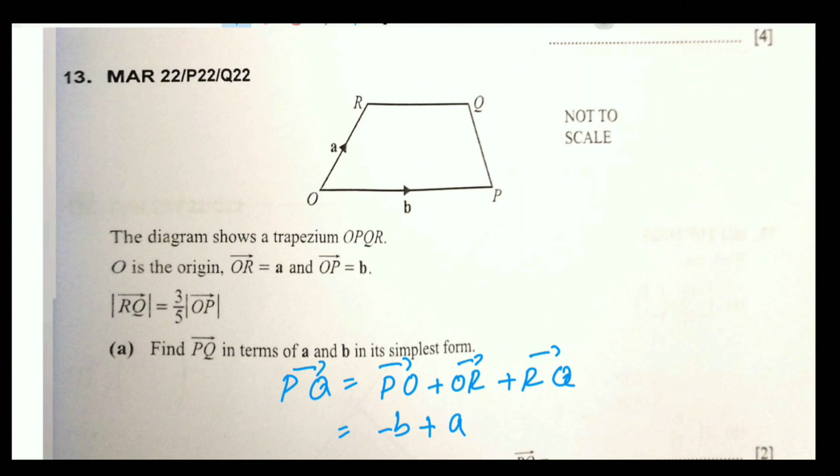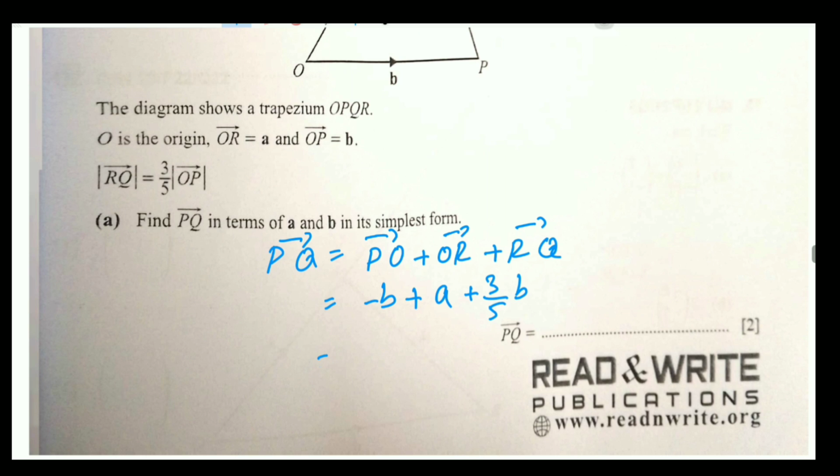And what is RQ? RQ is 3 by 5 of OP. So it will be 3 by 5 of OP, which means 3 by 5 of B. RQ is in the direction of B, so it will be positive 3 by 5 of B. So B and B will be solved.